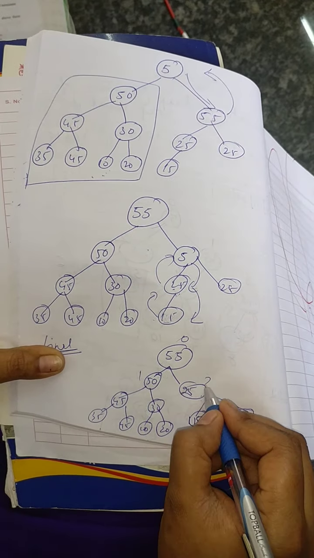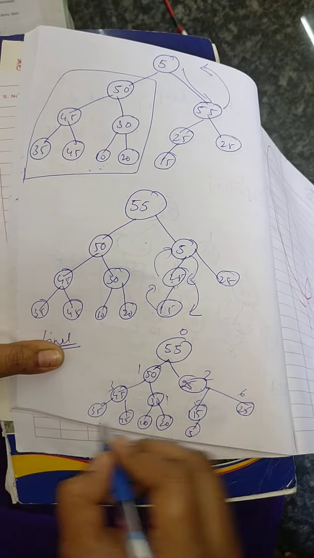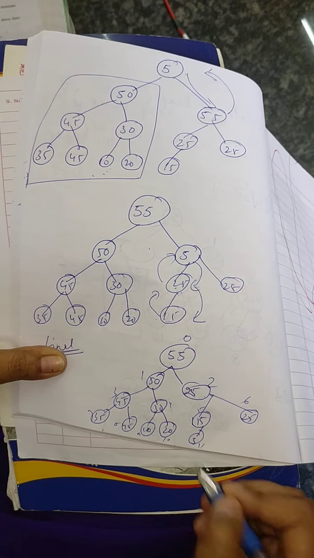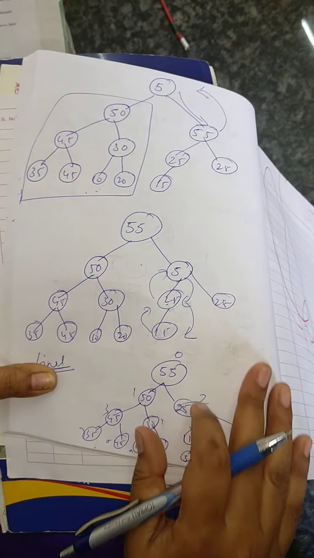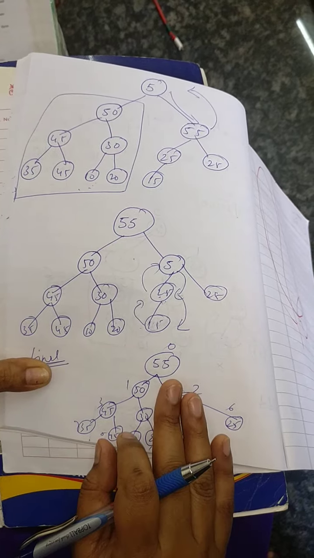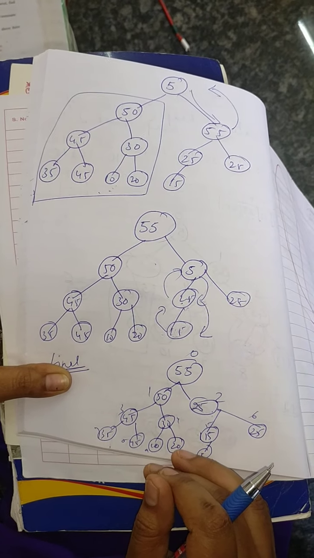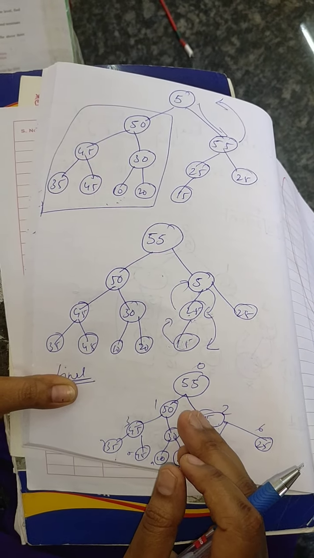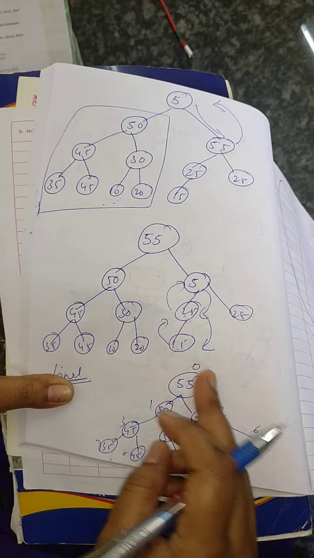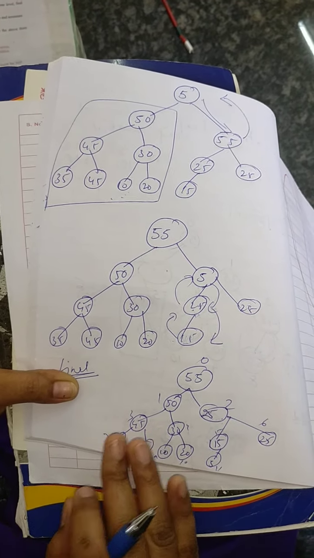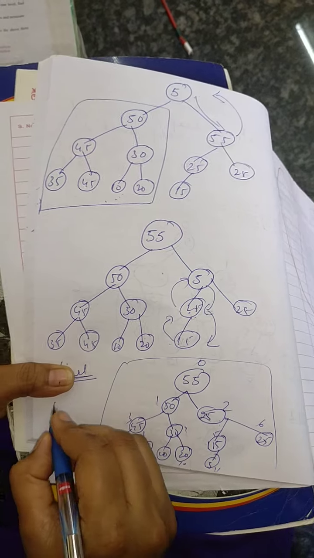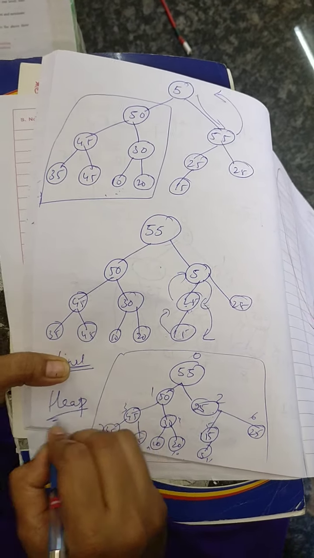So 0, 1, 2, 3, 4, 5, 6, 7, 8, 9, 10, 11. So now finally when you compare 5 with 15, we know that 5 is less than its child 15. So swapping is required. After swapping 5 with 15, the following tree is obtained. Observe that now the tree is a, what is it? This is a heap.